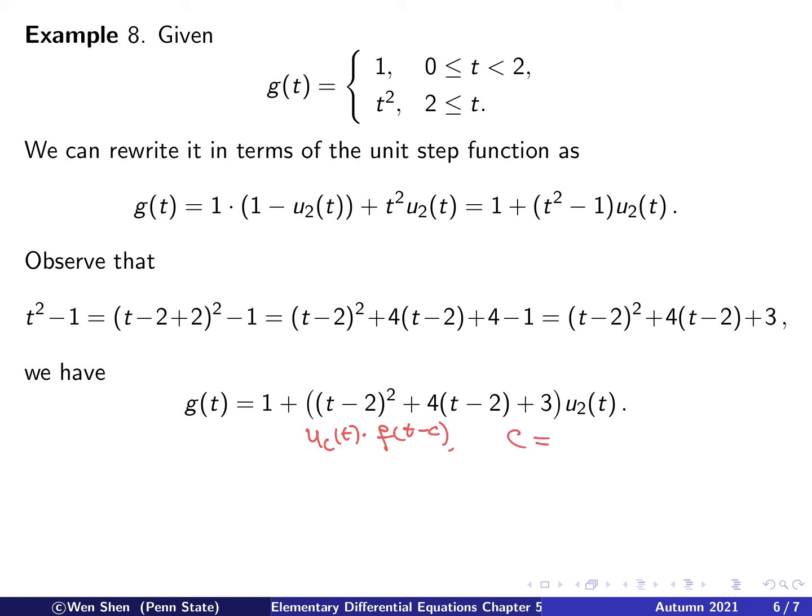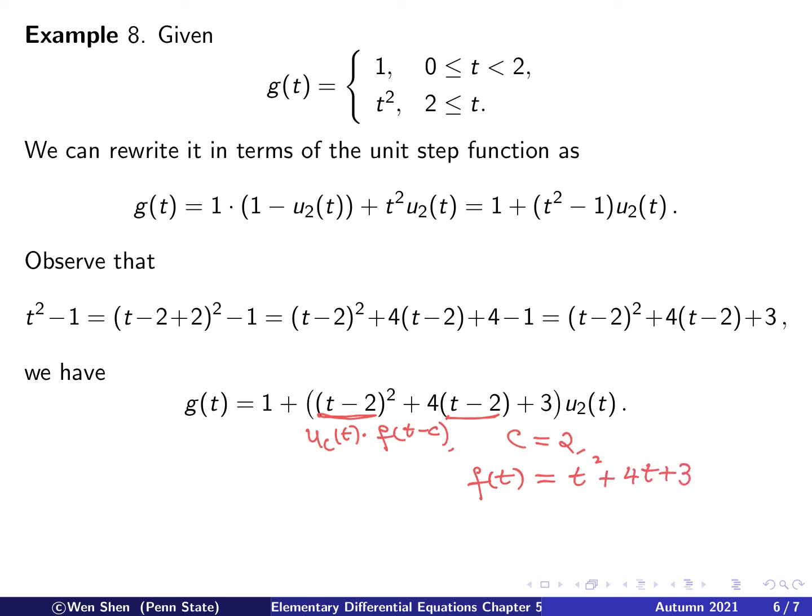Well, c is 2, right? And then what is the function f of t, the unshifted one? Well, wherever you have t minus c, that is t minus 2, you will replace those with t, right? So this will give me t squared plus 4t plus 3.